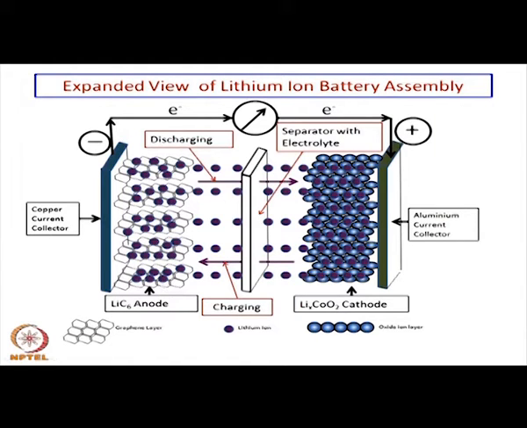Once again, it can be discharged by connecting it to a load or drawing some current from the system. Basically, the lithium ion goes back and forth from the anode to the cathode or cathode to the anode, and by this process it can either discharge or charge.